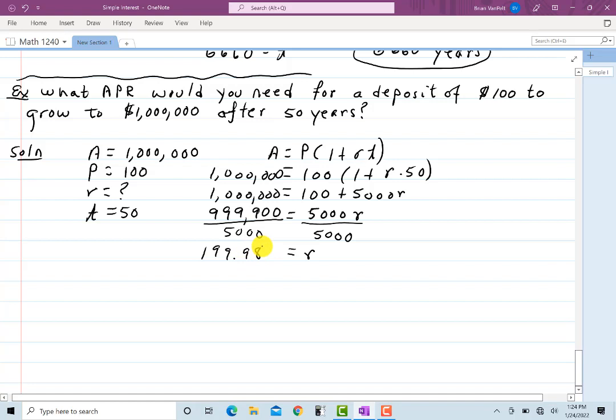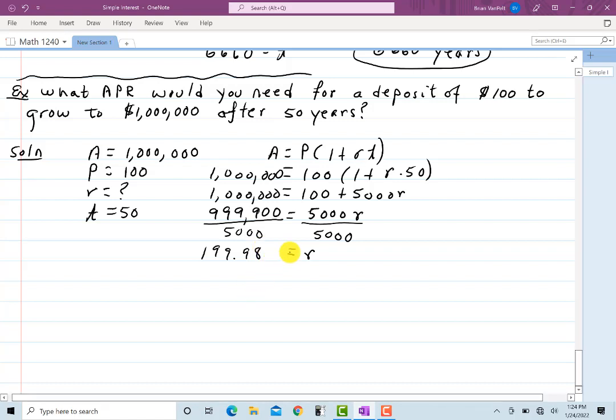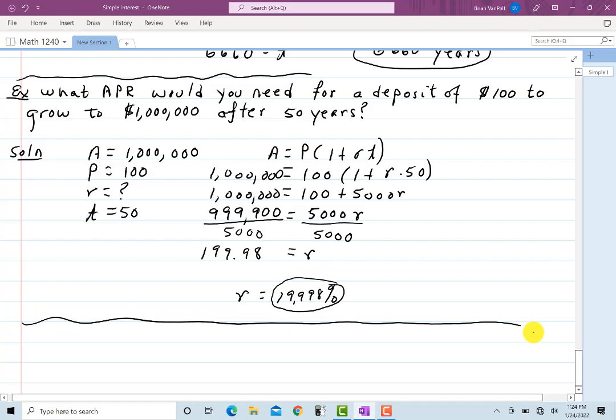Remember, this is a decimal. We need to turn it into a percentage. The way you change it to a percentage is you move the decimal to the right 2 places. So R actually equals 19998%. Moving on.